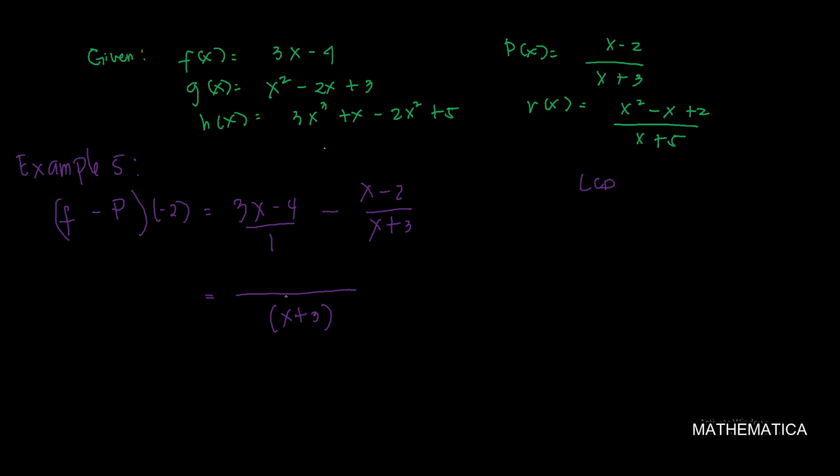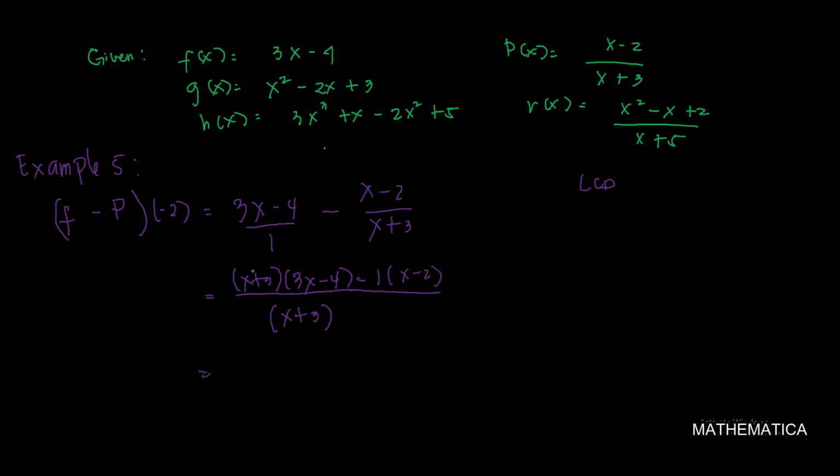So, x plus 3 divided by 1, we have x plus 3. So, multiply by 3x minus 4. So, we have x plus 3 multiply by 3x minus 4. So, next, x plus 3 divided by x plus 3, 1, multiply by the numerator x minus 2. So, we have minus 1 multiply by x minus 2.